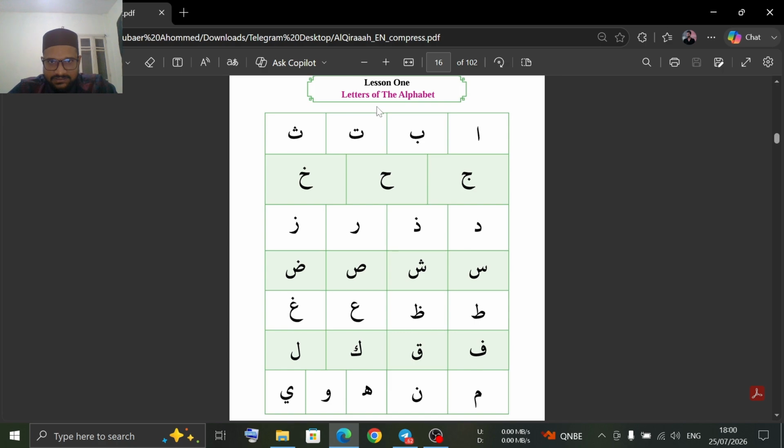Here is our first lesson, lesson 1, letters of the alphabet. Listen carefully and repeat each letter after me. This is alif, this is ba, ta, sa.